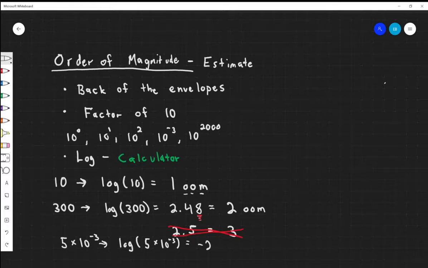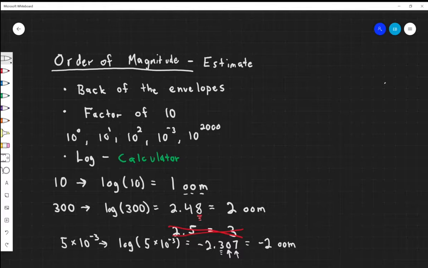You can round straight from your calculator, or you can write down these in-between steps. And we got negative 2.307. I'm rounding to the thousandths place this time. It doesn't matter as long as you round past the tenths place. You want to round at least to the hundredths or the thousandths. So when I round this number, I get negative 2. That would imply that I have negative 2 orders of magnitude.